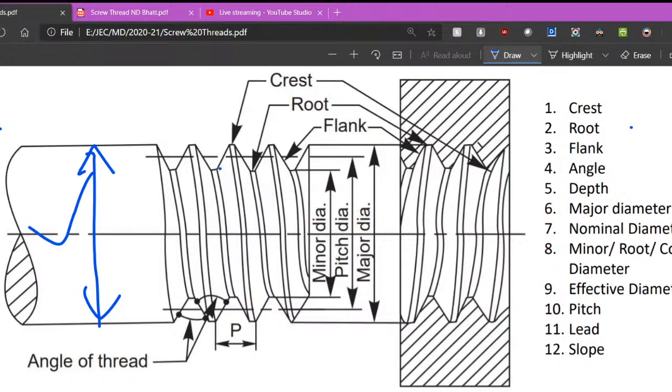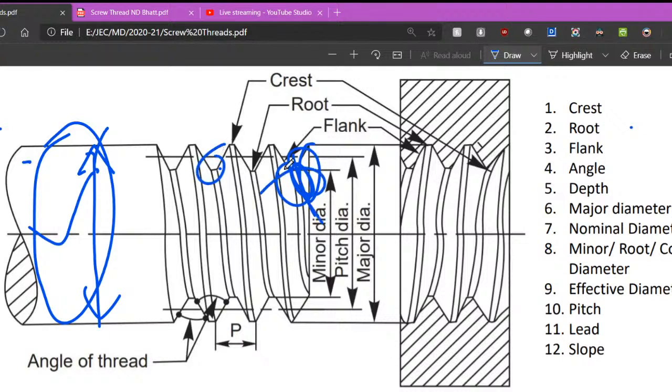The reason is the deformation. When we cut the threads on this cylinder bar, the material deforms because we are cutting the material, and that's why we are getting the grooves.